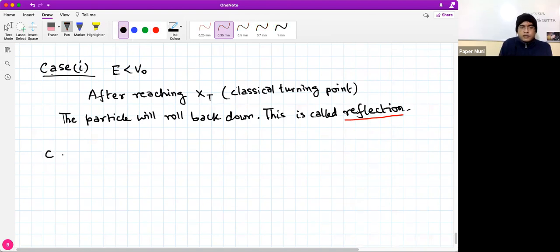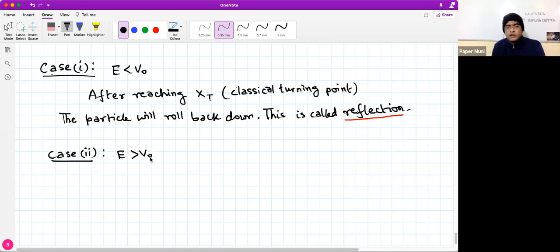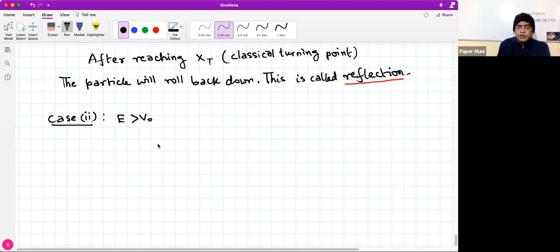This is case 2. E is greater than V naught. All right, in this case, what happens? Let's see.